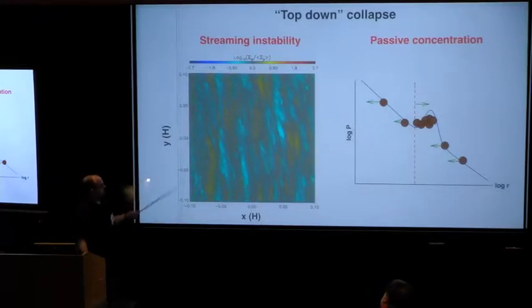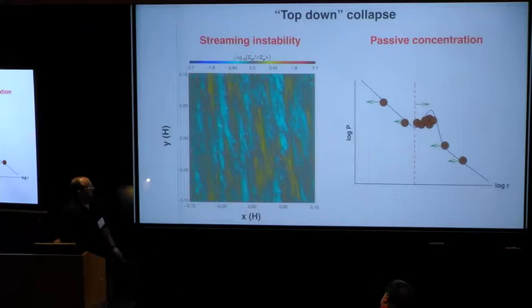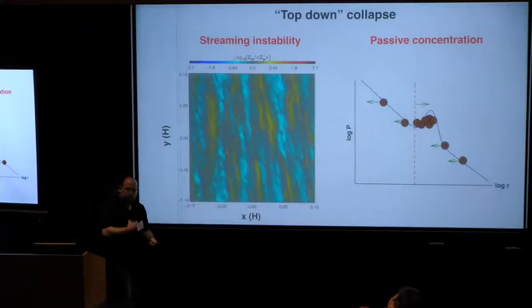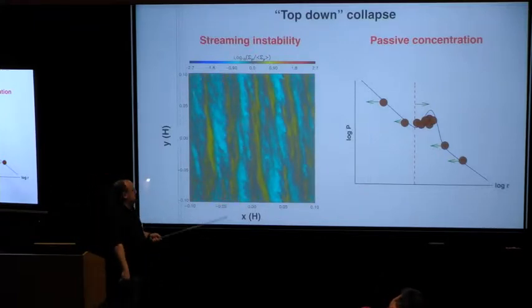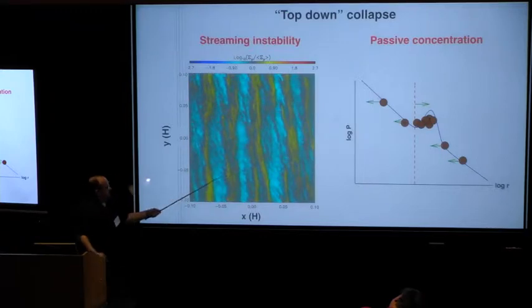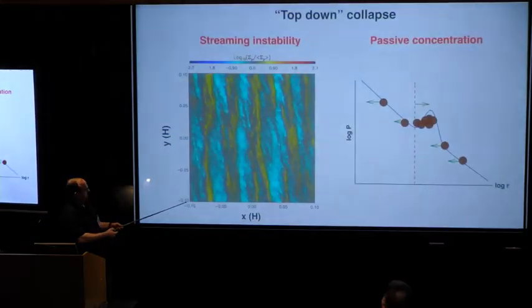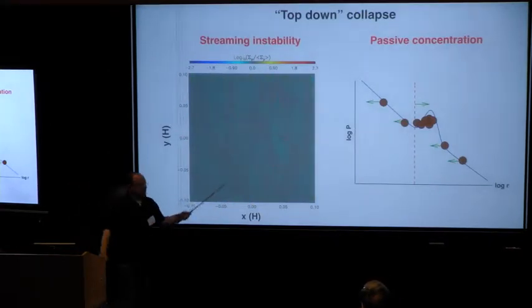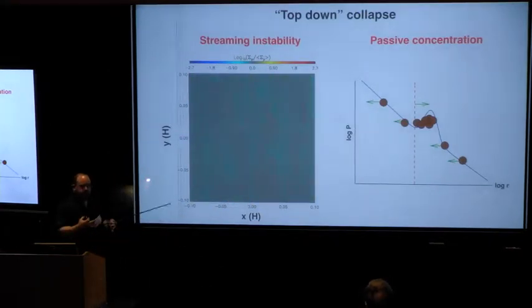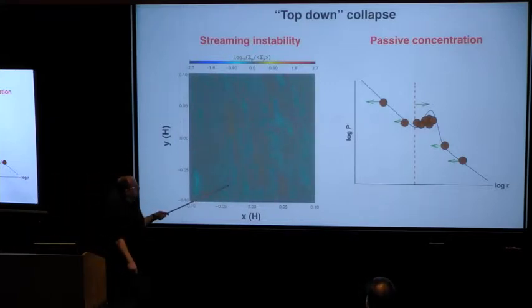This is just a small local shearing box here. And if you account for momentum exchange between gas and dust, you get these nearly axisymmetric structures. I'll try to play it again. You get these nearly axisymmetric structures of overdensities in the particle surface density that can collapse and produce planetesimals.